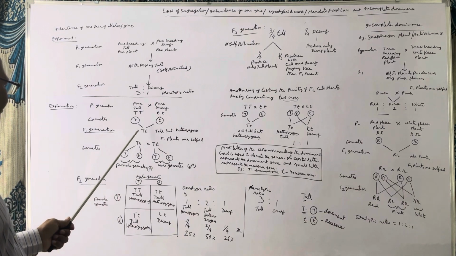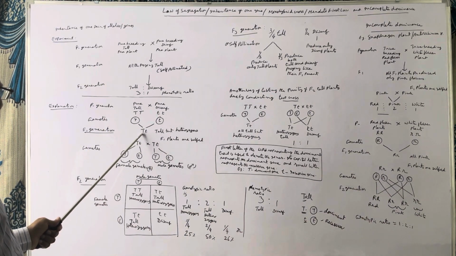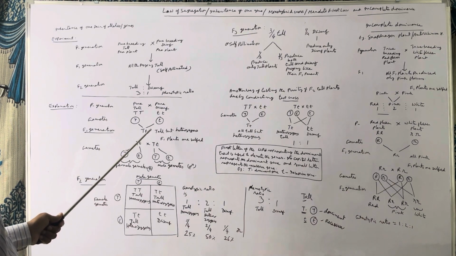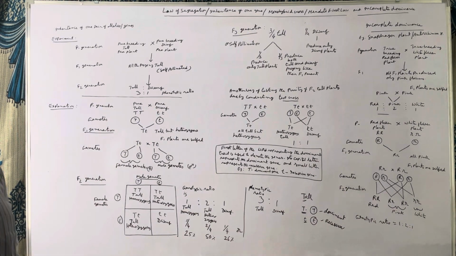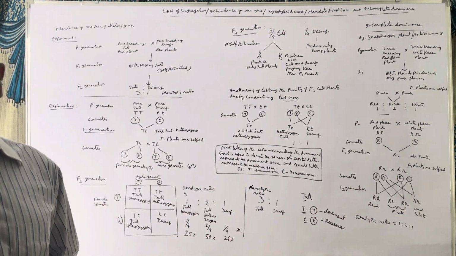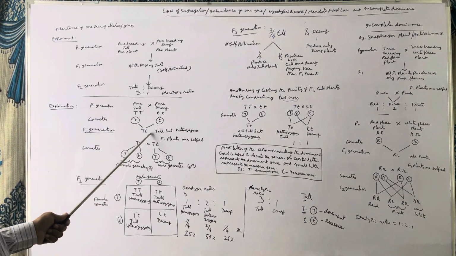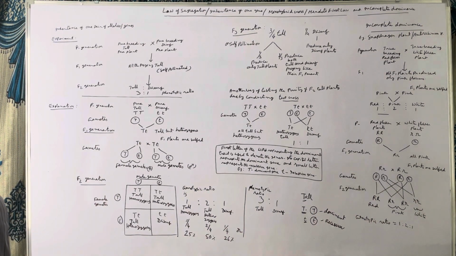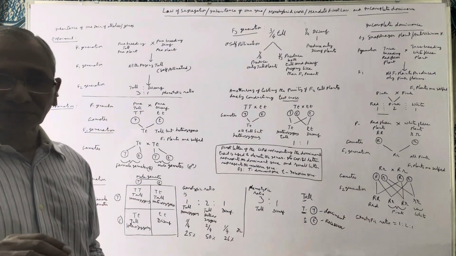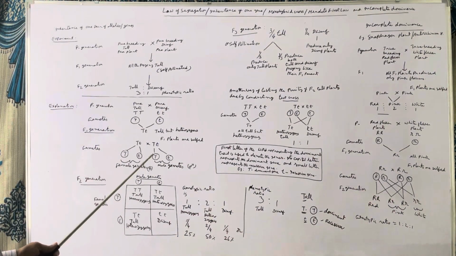Then, in the F1 generation, the dominant trait suppresses the recessive trait. That means the dominant trait will not allow the recessive trait to appear. So as a result, what happens? All these F1 plants are tall, like their tall parent, but they are not pure. They are heterozygous.